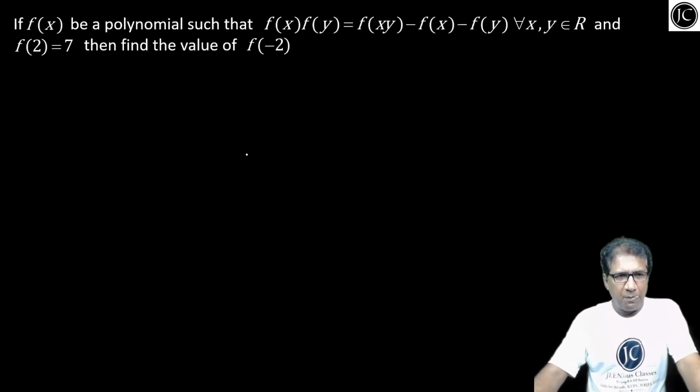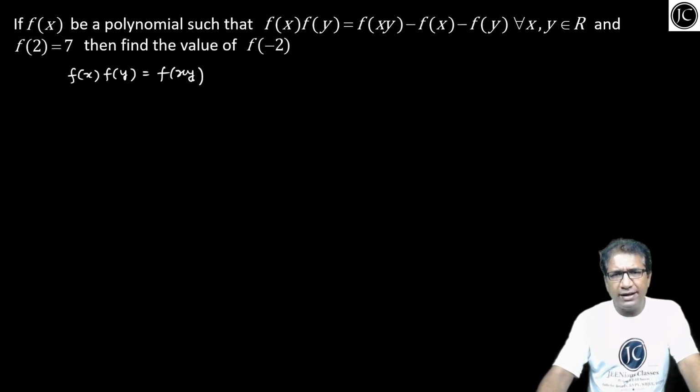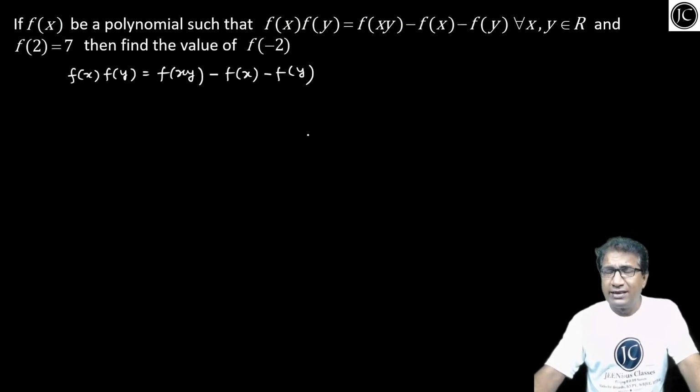देखो यहां पर बोला है fx is a polynomial such that fx into fy is f of xy minus fx minus fy. For this functional equation, they have said it is true for all xy belongs to real value.